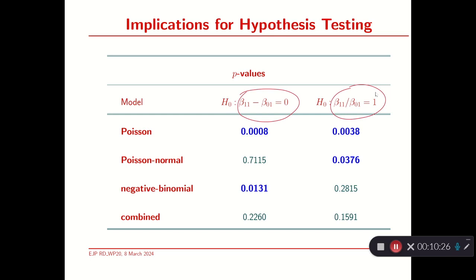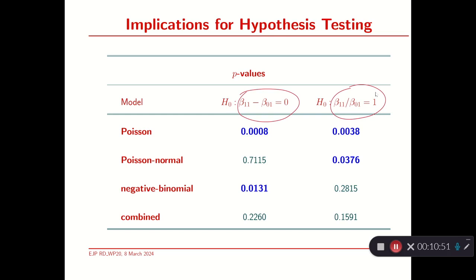From a hypothesis testing perspective, that's not necessarily exactly the same thing. One may have a bit more power than the other, but look at that. The Poisson model says no matter how you look at the problem, there is a significant treatment effect. The Poisson normal model said, I don't know. If you look at the difference between the slopes, we don't find anything, and with the ratio, yeah, there is some marginal evidence.